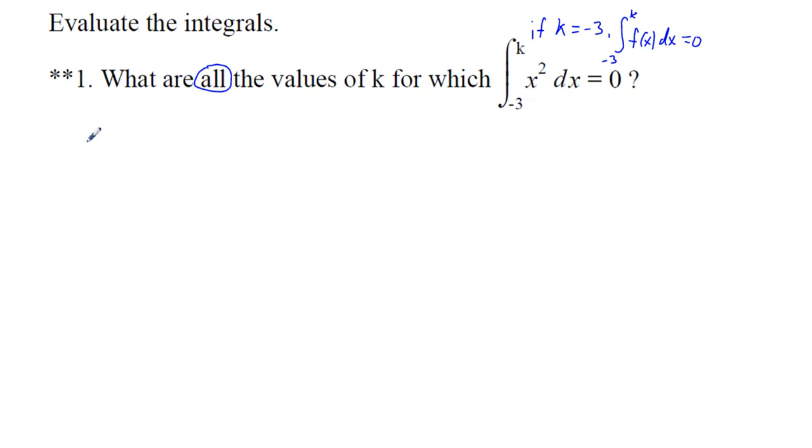So what we're going to say is, I'm going to work over here to the left, integral from -3 to k of x squared dx is equal to x cubed divided by 3, integrating x squared dx, and we're going to evaluate between -3 and k.